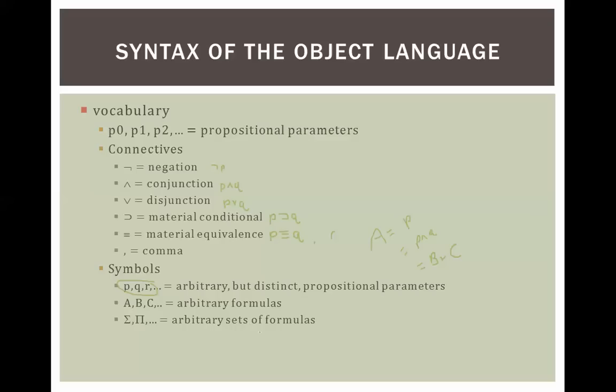And these capital Greek letters are going to symbolize sets of formulas. So a set of formulas can be a lot of different things. Sets can be empty, right? I could have nothing. So let's say sigma here equals nothing. Or it could equal just a proposition, because those could be formulas. Or it could equal a formula.